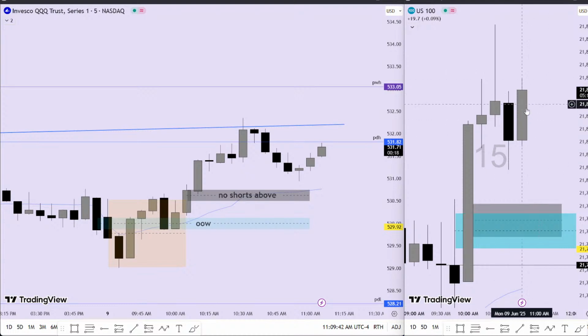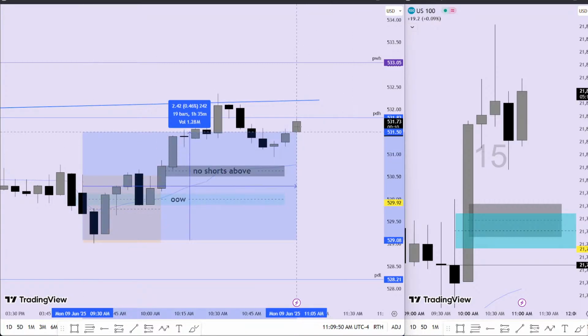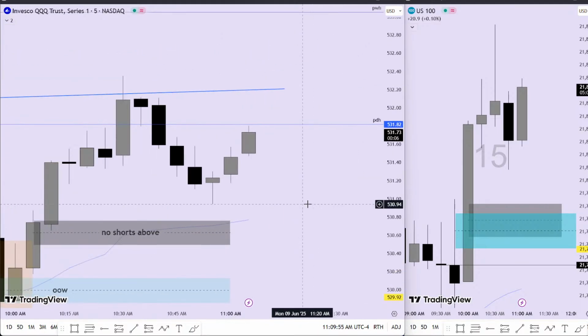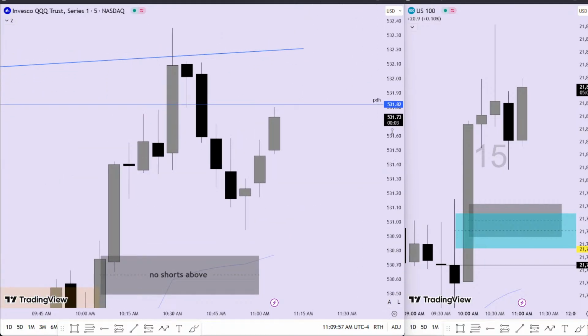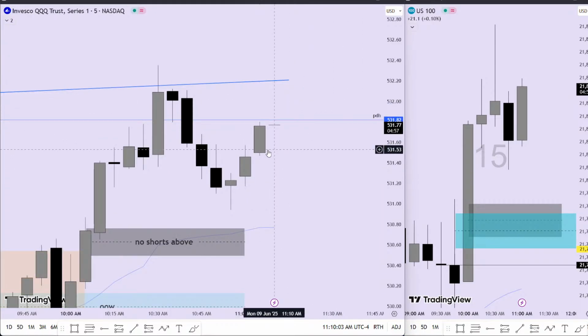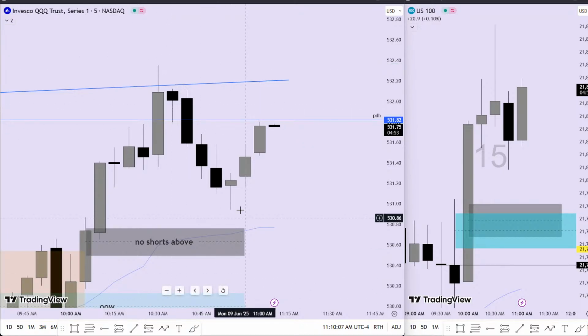5 minutes till this 15 minutes about to close. 19th bar of the day. Breakout, pullback, continuation.